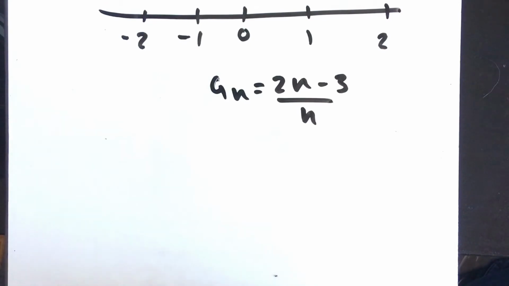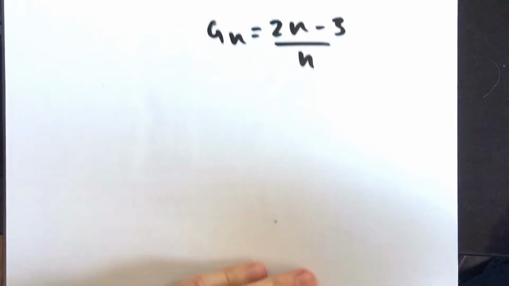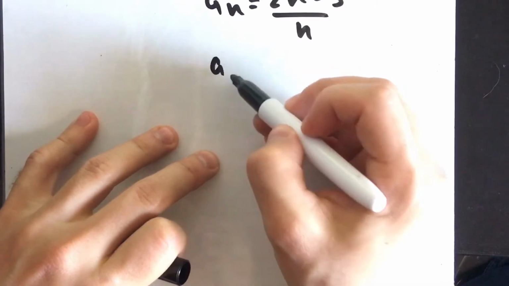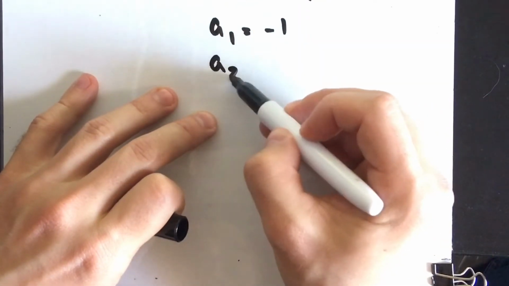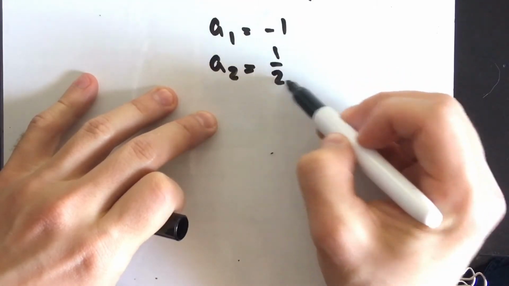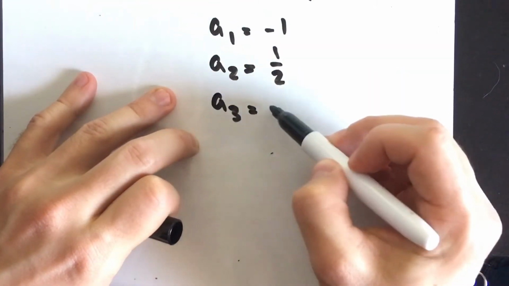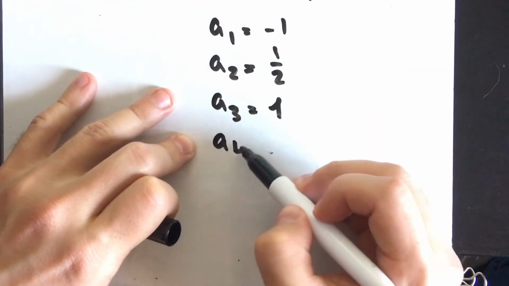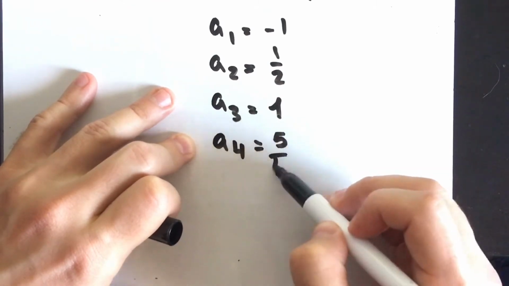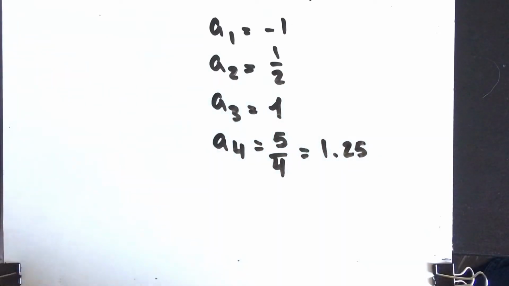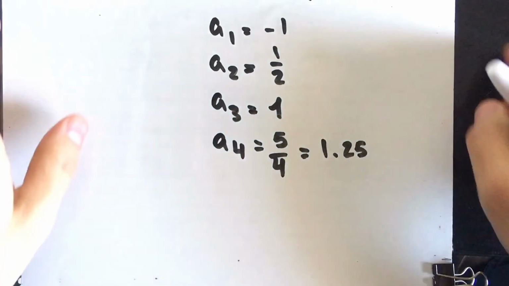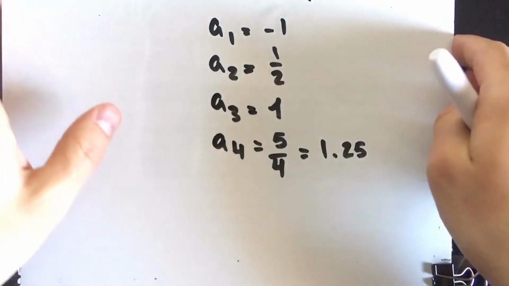So let's list out the first 4 elements and see what's going on. If we plug in 1 into the sequence, we'll get -1. 2 will give us 1/2. 3 will give us 1, and 4 will give us 5/4, which we could write as 1.25 in decimal form.